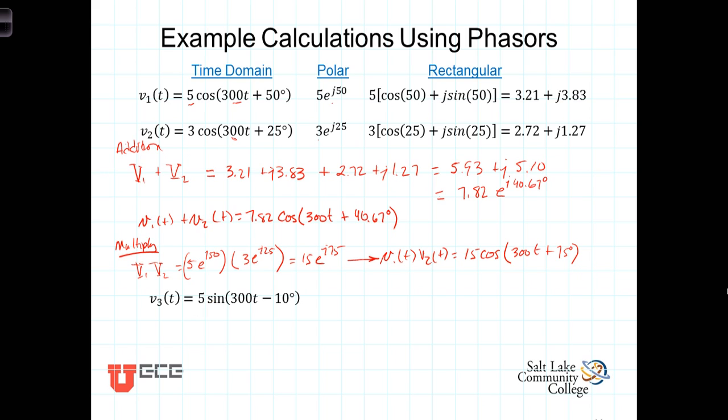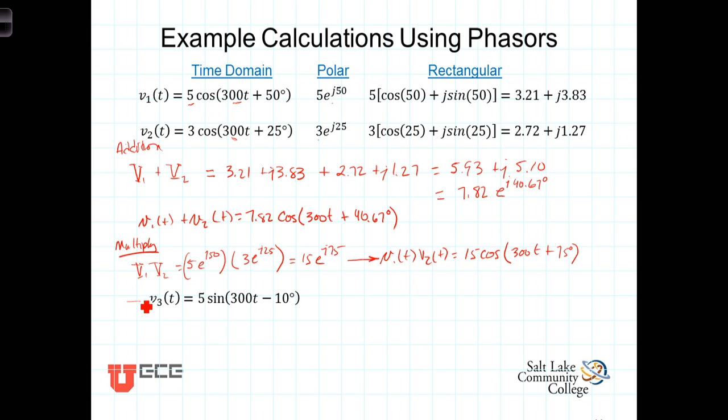You'll notice that in both of these examples, both of the time domain functions were in terms of cosines. When we're using phasors, because we're using the real part of the complex exponential, the real part is related to the cosine. So underlying all this is the assumption that the time domain functions that we're going to be representing as phasors are going to be written in their cosine form. Here I've got V3.